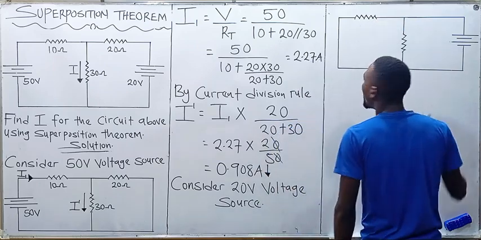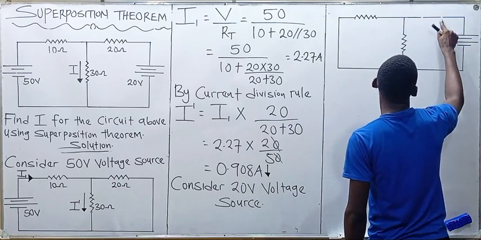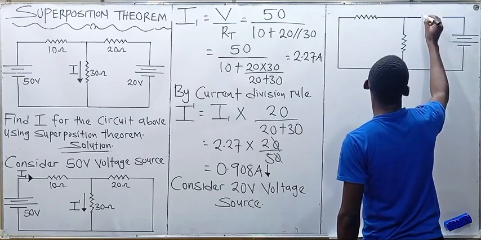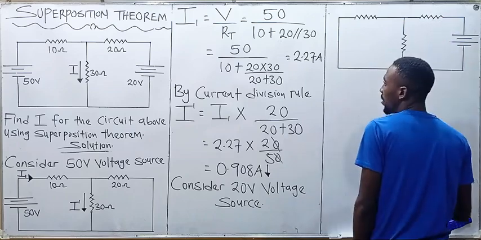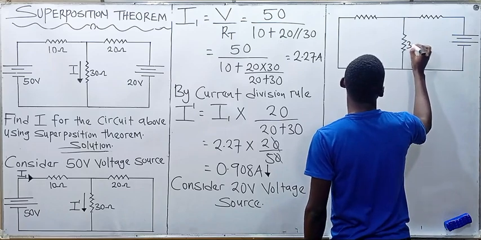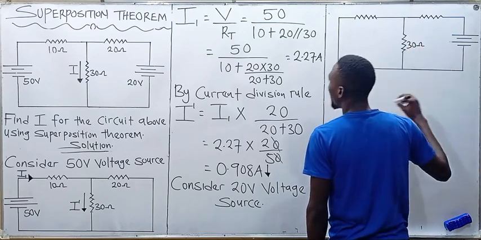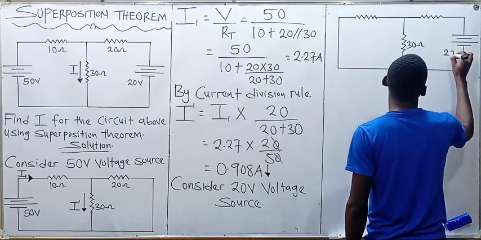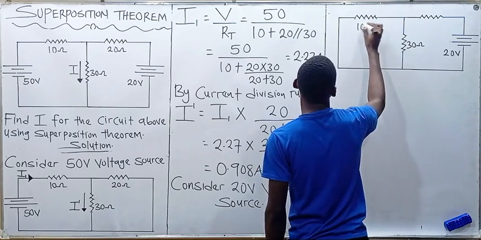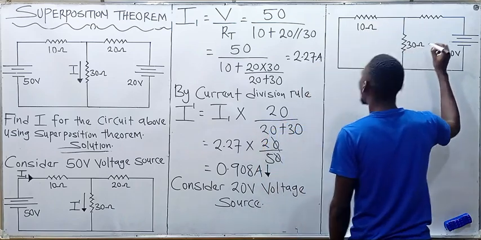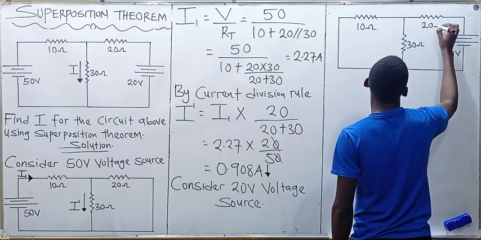All right, then we're having another one here, which is 20. All right, so here we're having 30 ohms, and here we're having 20 volts, and then here we're having 10 ohms, and here we are having 20 ohms.